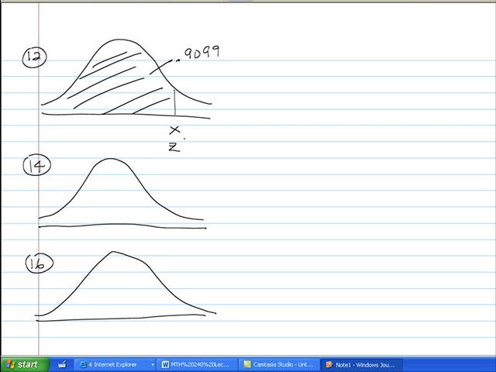The z-score is 1.34. So our x is the mean plus 1.34 times our 15. And calculating that, we get 100 plus 1.34 times 15. I get 120.1, so that would round to 120.